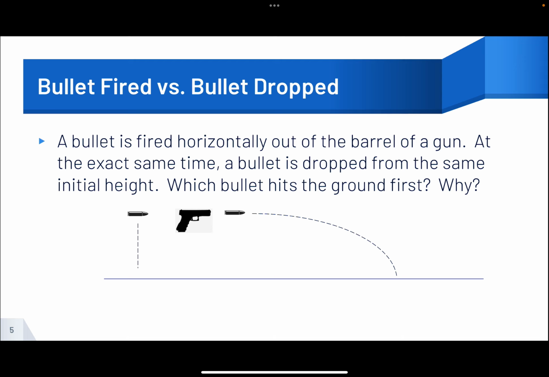However, both of them have no initial velocity in the y direction. So our initial velocity is the same in the y direction, our initial height is the same in the y direction, and lastly, for all objects, acceleration is the same in the y direction from free fall. Because of that, all of our kinematic variables are the same. They'll be traveling for the same amount of time.